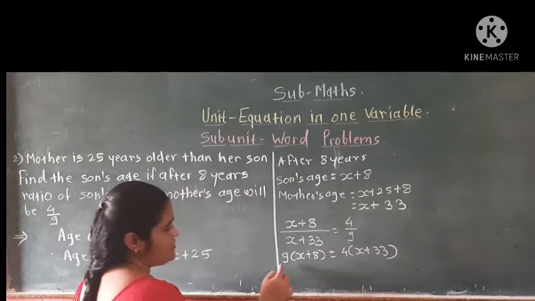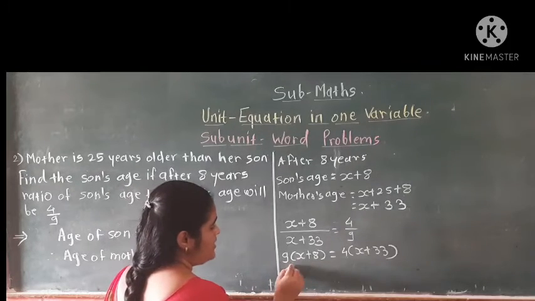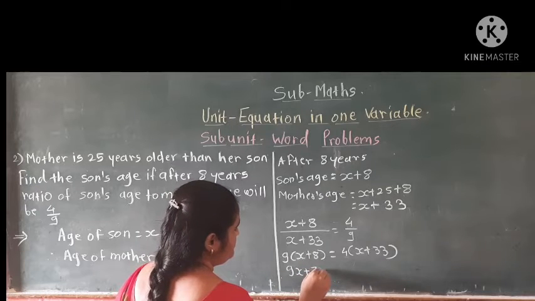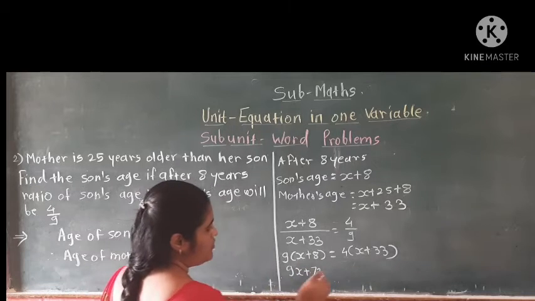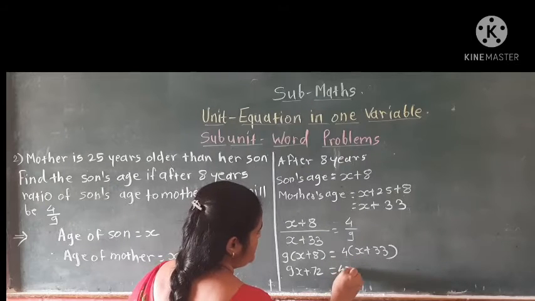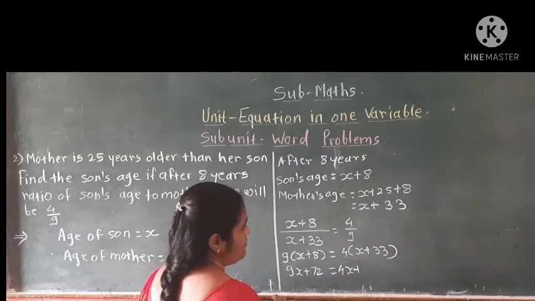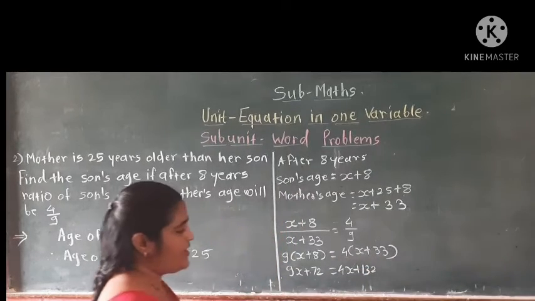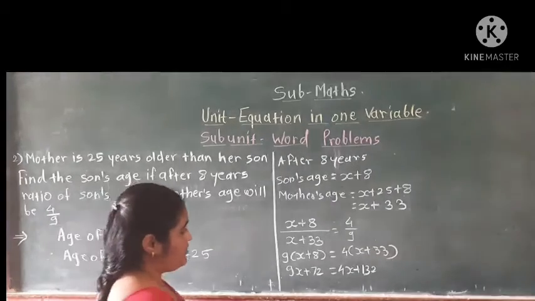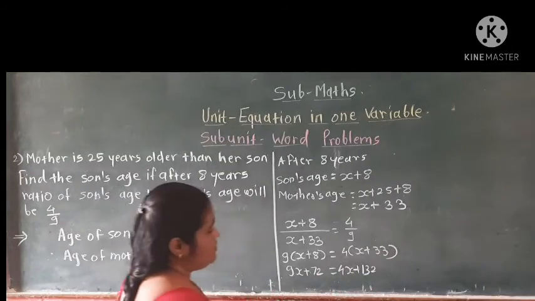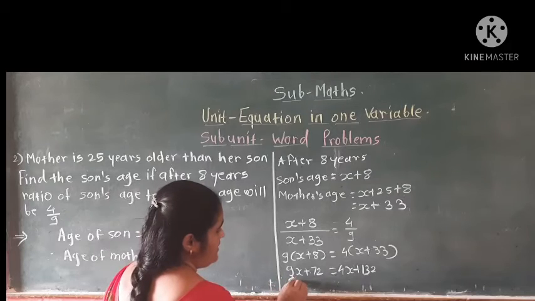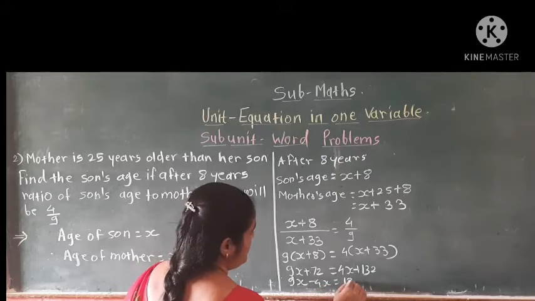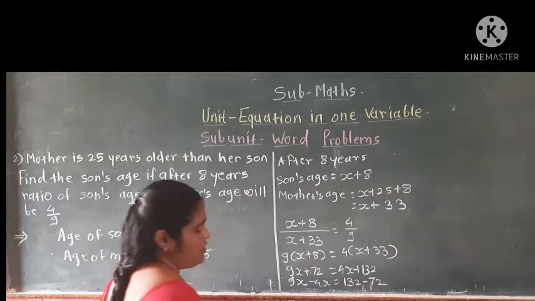First we have to multiply 9 into x, 9x, then 9 eights are 72. 4 into x, 4x, plus 33 into 4, 132. We have to take 9x minus 4x, then 132 minus 72.